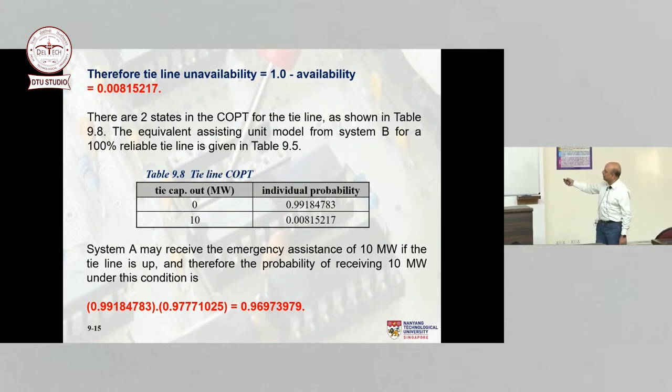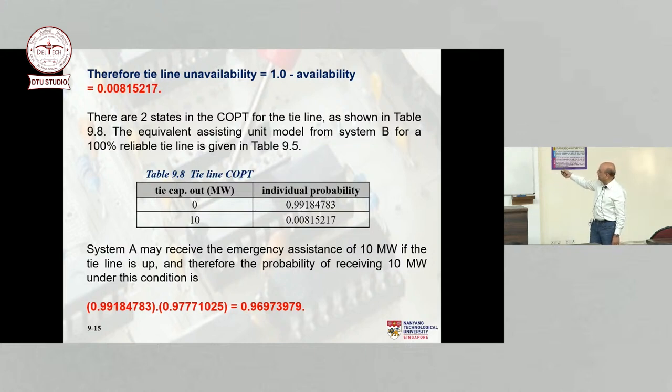So if I want to transmit 10 megawatt, the probability when the tie line is fully reliable is known to me, and the probability when the tie line is not available is known to me. So I can multiply those 2 probabilities and I get this individual probability. Similarly, tie line capacity out 10, the probability is 0.0081. So this is my new transmission line constraint model.